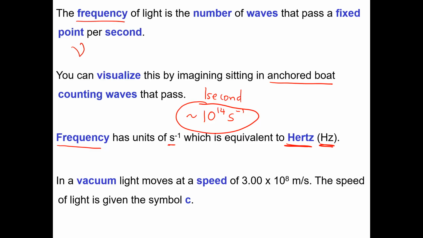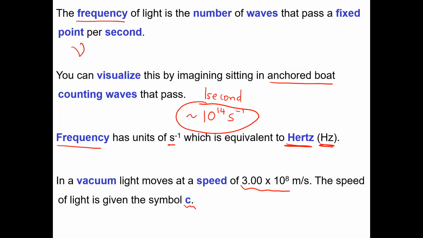Now, light moves through vacuum with a characteristic speed, and that speed is 3 by 10 to the 8 meters per second. And the speed of light in a vacuum is given a special symbol of lowercase c. Now, when light moves through matter, it will slow down. Not by a lot, but it will slow down by a measurable extent.